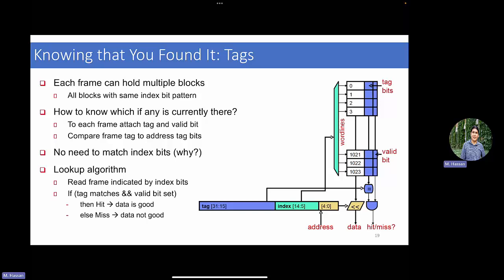So I add here what we call the tag array that is storing the rest of the address bits, which is here from bit 15 to 31. I go with the index, compare the tag, so you see there is a comparator. If it matches, then it's a hit, and then you go to index the particular line to bring in your data. If it misses, then you need to bring it from that lower level. Make sense?